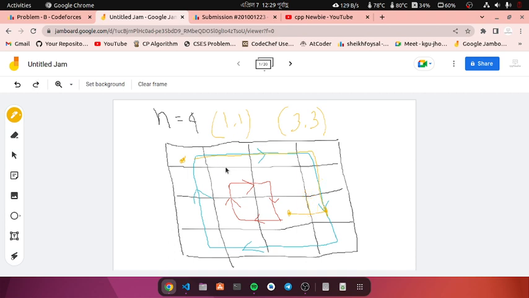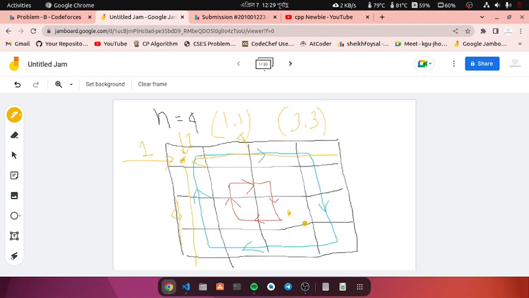So how can we calculate the distance? For this point we have to calculate from the left side wall, right side wall, upper side wall and bottom side wall. For the upper side wall it is 1 distance. From the bottom side wall it is 4 distance. From the left side wall it is 1 distance, and from the right side wall it is 4 distance, right?